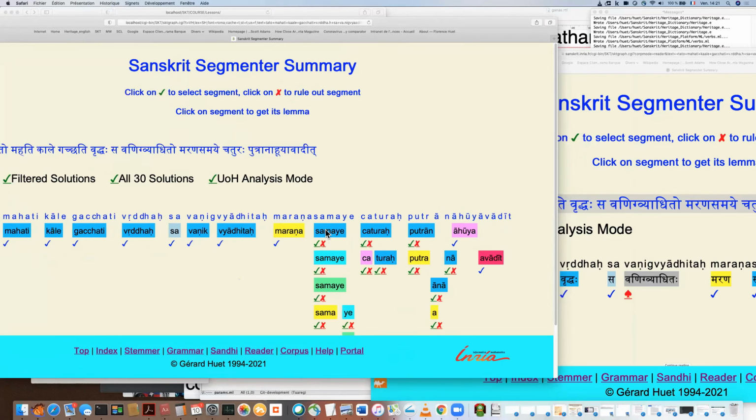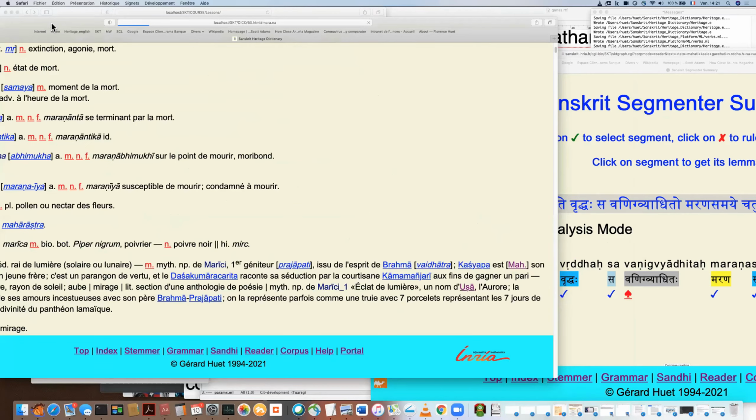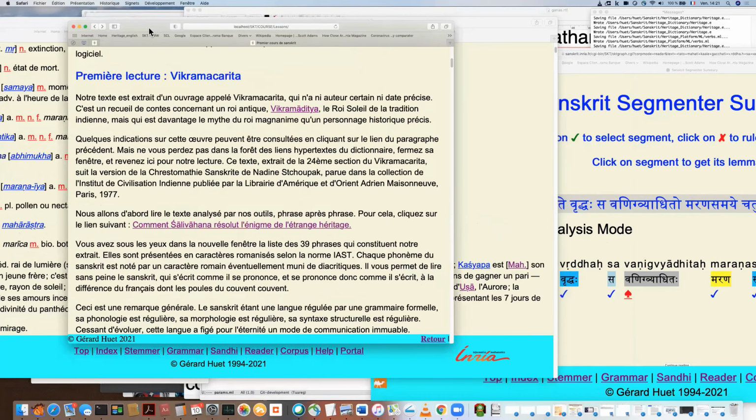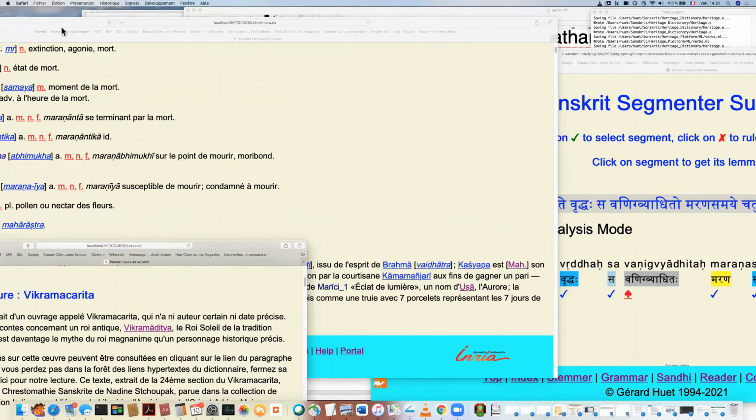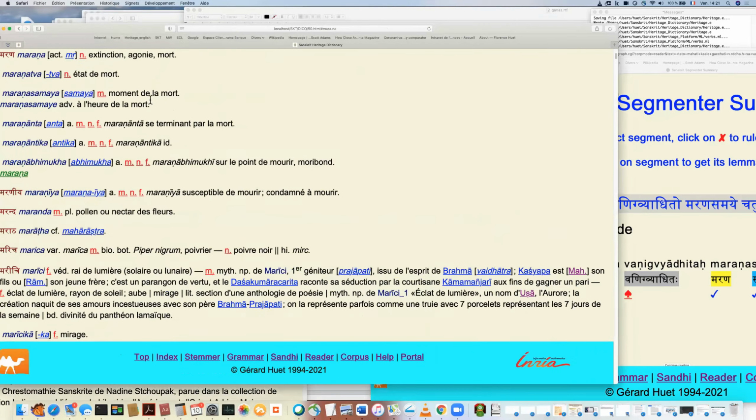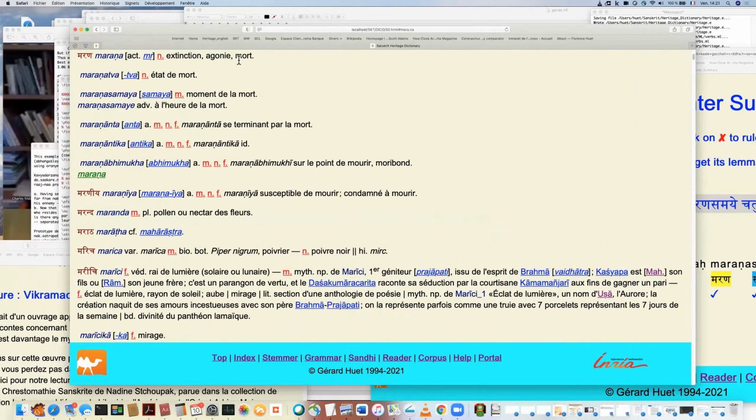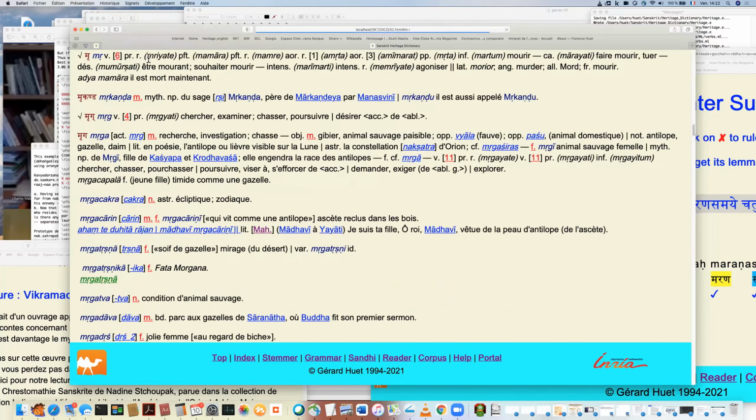Now, Marana Samaye. Marana is death. If you don't know the meaning, you go to the dictionary, you see death, and it's an action word, so to speak, of mri, which is to die. Mriyate, atmanepada, to die.